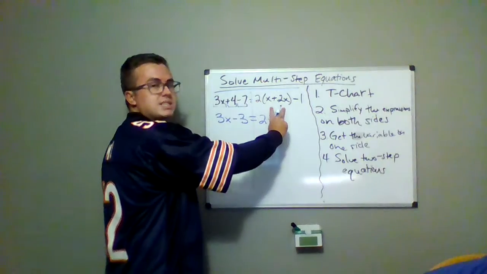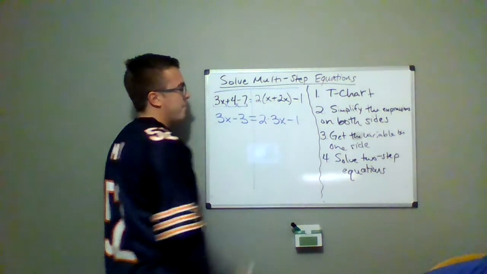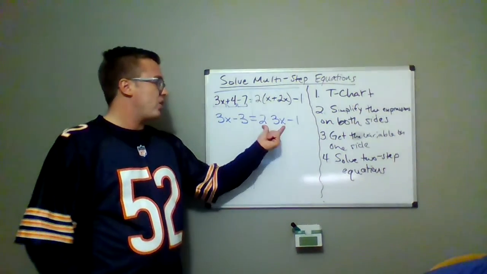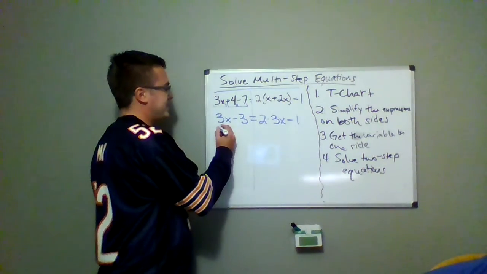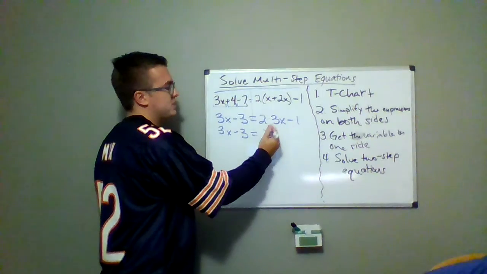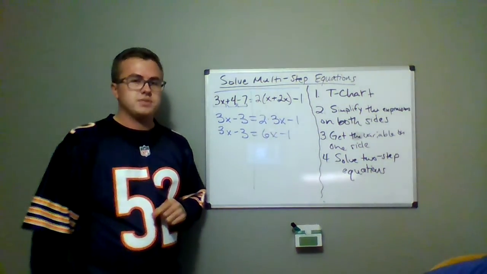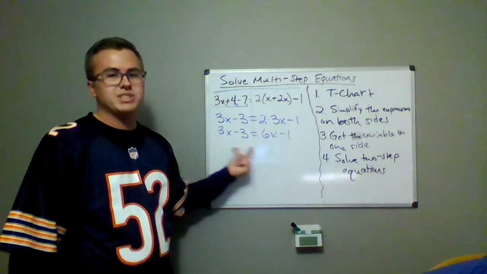Once I have it to one single term, I can drop the parentheses. Now it's a little bit easier to work with because all I have to do is multiply these together. So the left side stays the same. 3x minus 3 equals 2 times 3x is 6x minus 1. So now I've got it to where it's fully simplified on both sides.